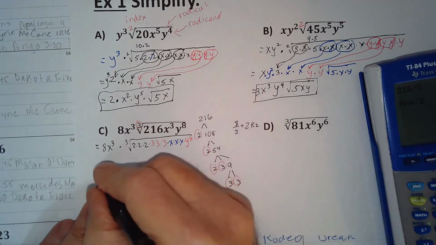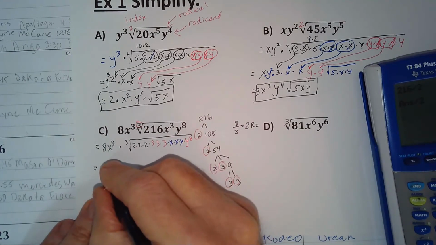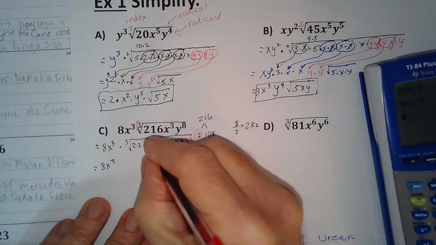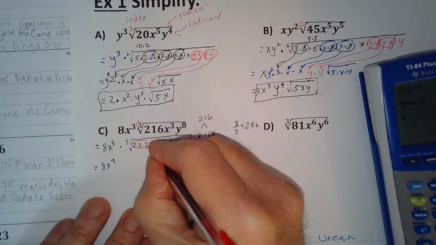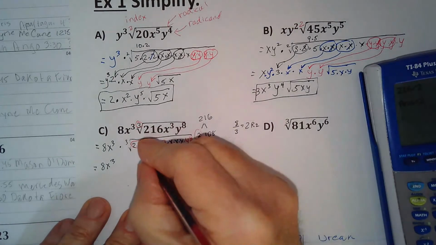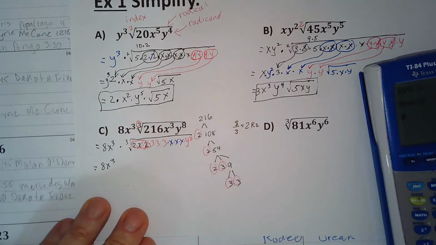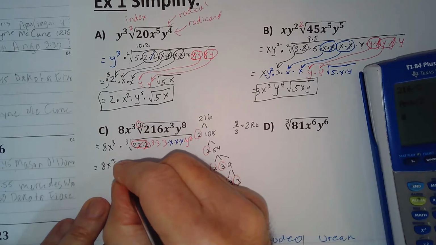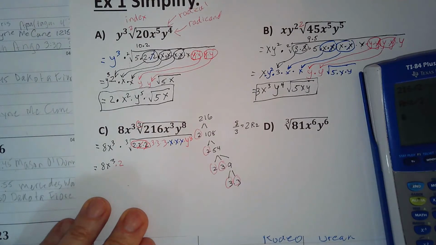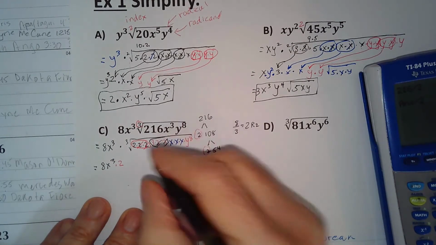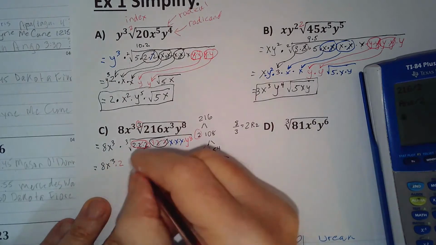So let's rewrite this. So I've got 8x cubed, and then I have a group of 3 2's, and so 2 are going to get shot, 1 escapes. So I'm going to put a 2 out here. And then I have 3 3's. 2 get shot, 1 escapes. Let's do it this way.